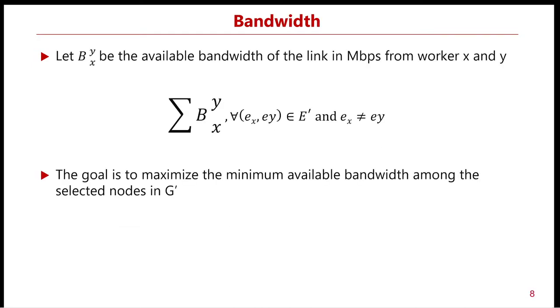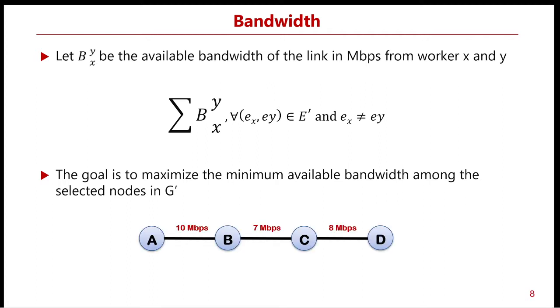Also, we consider the bandwidth. Let B_XY be the available bandwidth of the link from node X to node Y. The goal here is to maximize the minimum available bandwidth among the chosen nodes in graph G prime. For example, consider 4 nodes A, B, C, D here, and there are different bandwidths among the links between these nodes.